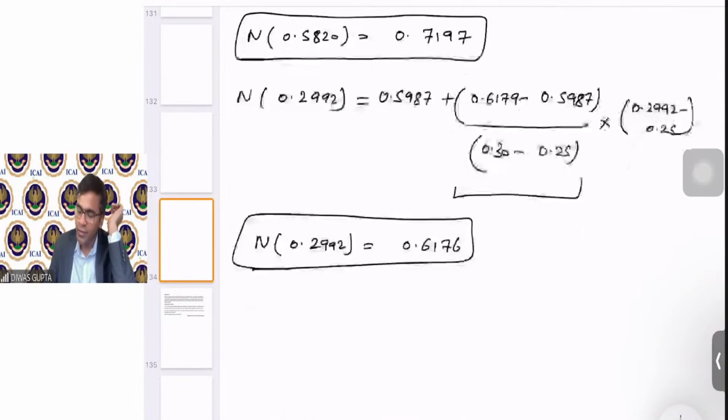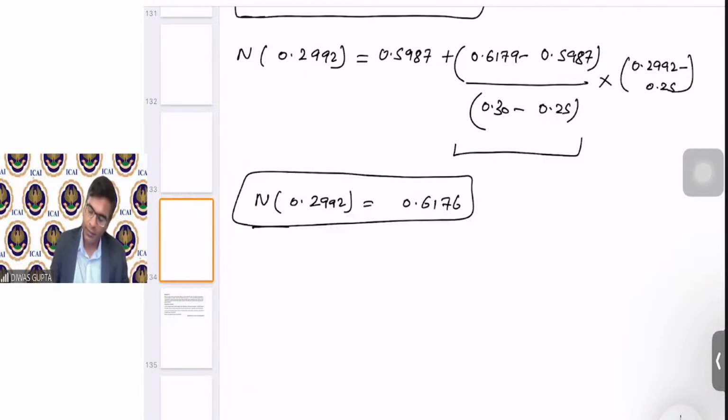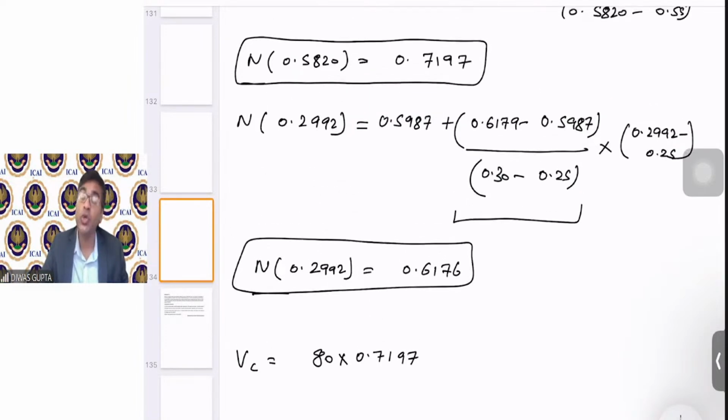Then we have to just place down the values now, which is the value of call option. Spot price is 80. 0.7197 is the hedge ratio, students. For every one call option, 0.7197 equity share needs to be purchased.